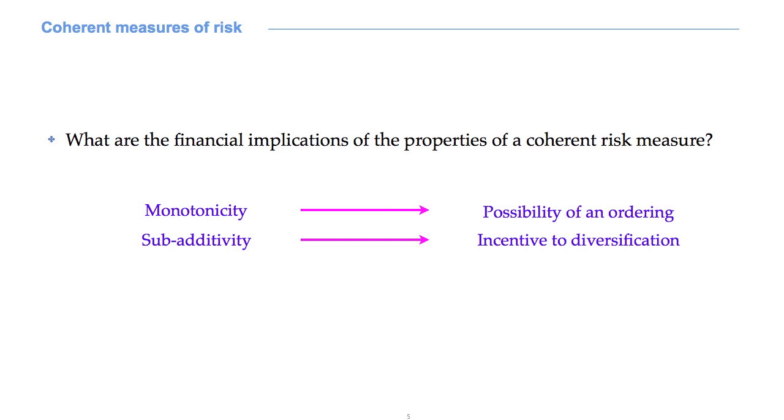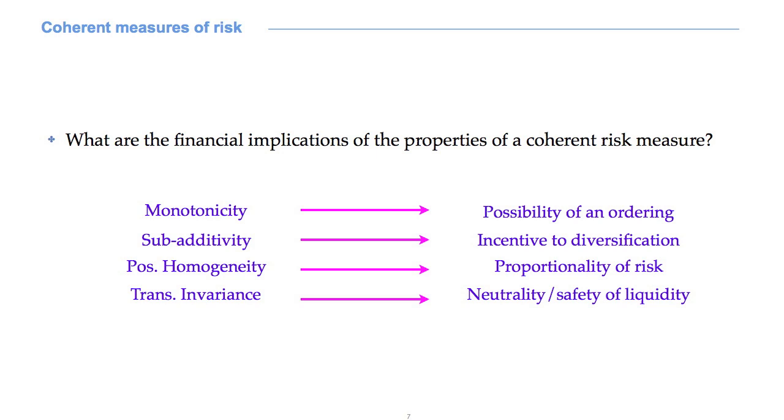The risk of a portfolio of loans or securities, and therefore of their potential losses, should be smaller than the simple sum of single risks. Positive homogeneity simply tells us that risk is proportional. If your portfolio may lose $10 and you double the amount of money in that portfolio, you may expect a loss of at least $20.